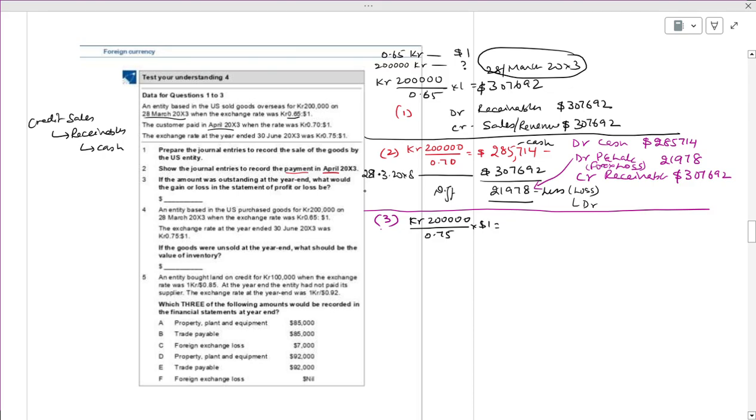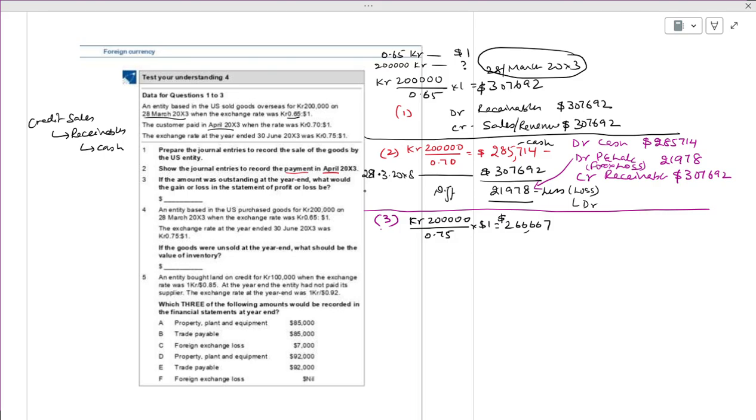How much will you get? 266,667. Put dollar. Now we have to take only the difference.